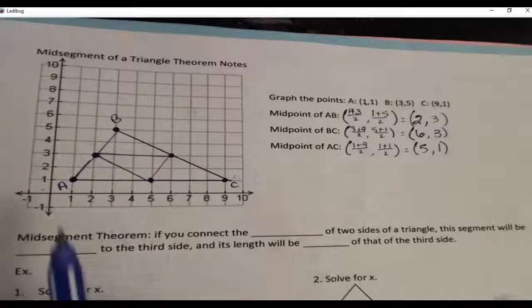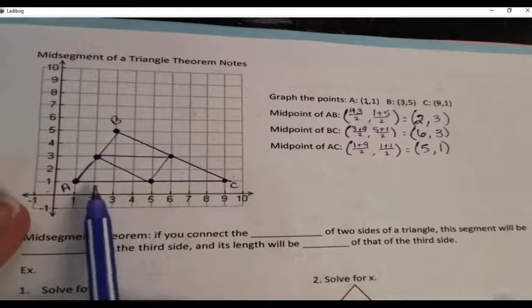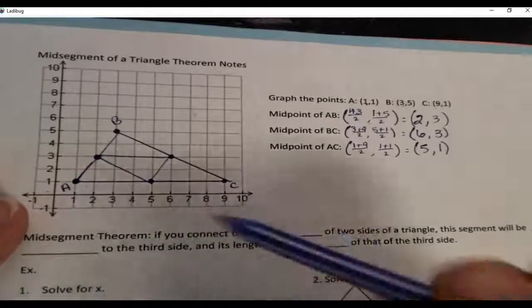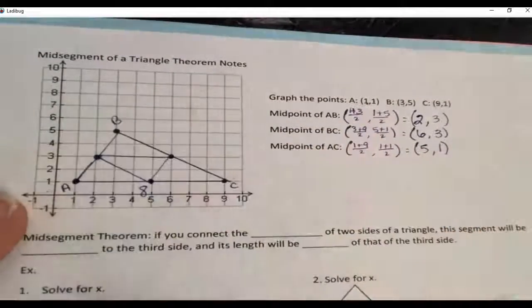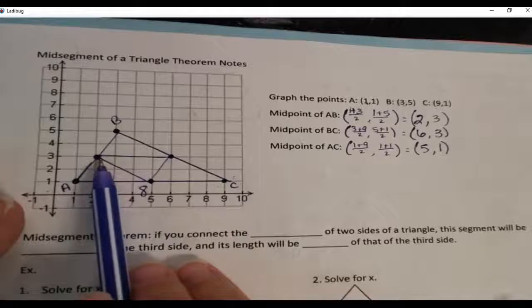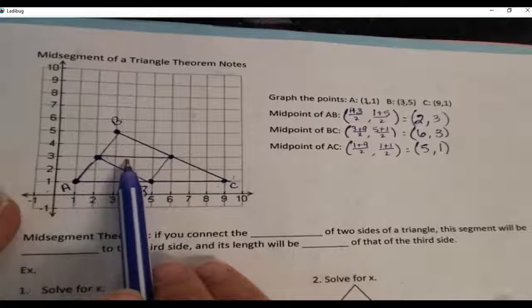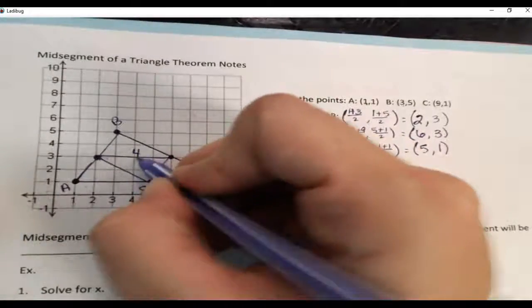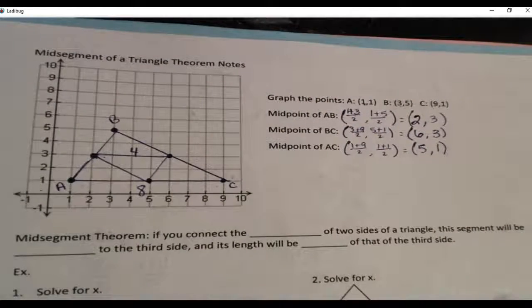How about let's look at the length. So if I count the length of AC, I've got 1, 2, 3, 4, 5, 6, 7, 8. And then if I count the length of this horizontal one here, it's 1, 2, 3, 4. Well, what do I know about 8 and 4? Yeah. So 4 is half of 8, or 4 times 2 is 8.